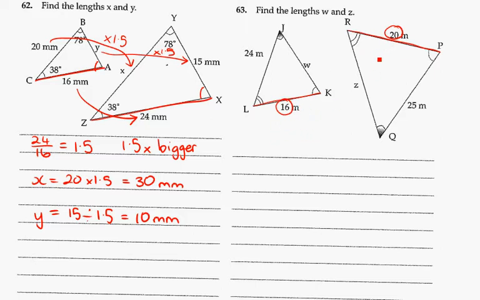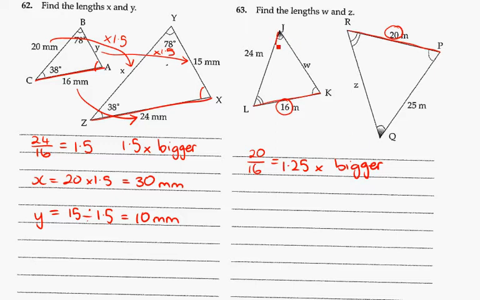Now, working out how many times bigger that is, 20 divided by 16, 1.25, 1 1/4 times bigger. So the big triangle is 1 1/4 times bigger than the small one.